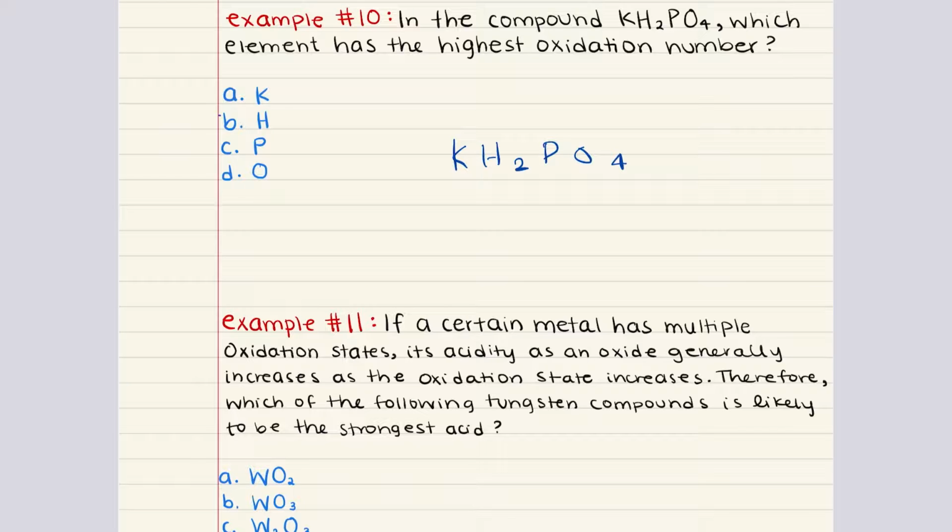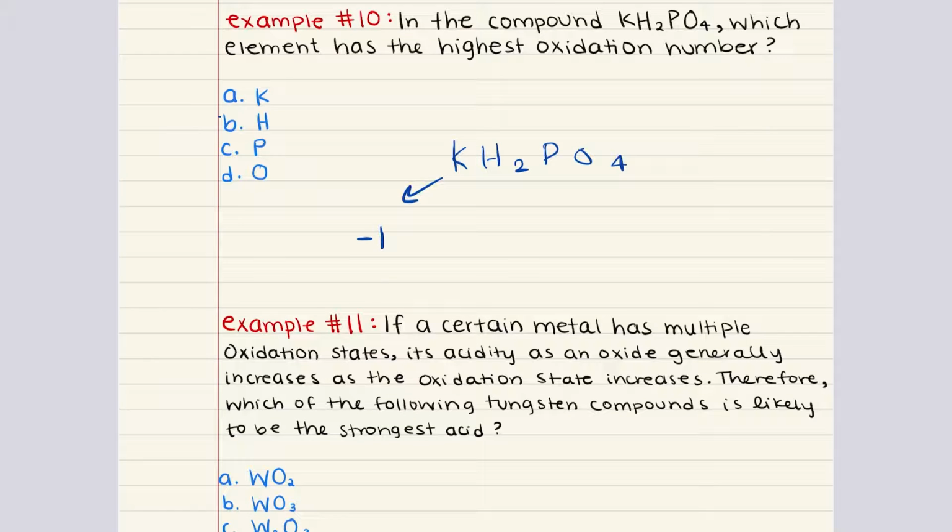Potassium here is an alkali metal, and in compounds, it always has an oxidation number of +1. Hydrogen also typically has an oxidation number of +1 when it's bonded to non-metals, and there are 2 hydrogen atoms total. Oxygen has an oxidation number of -2, and we have a total of 4 oxygen atoms. So this gives us -8.